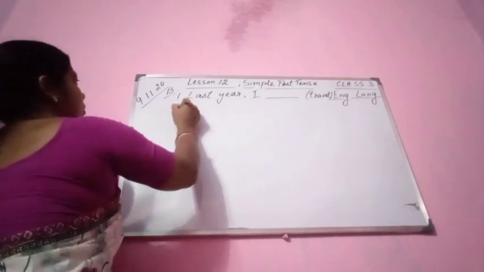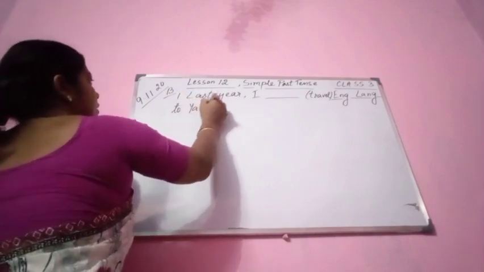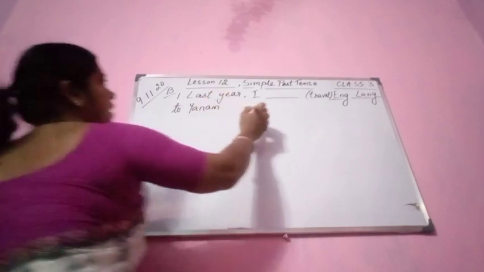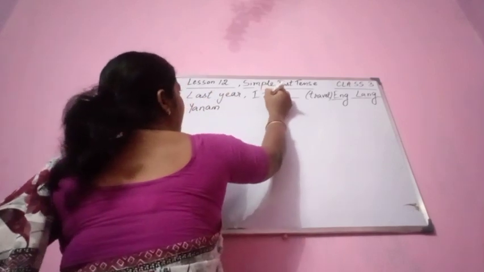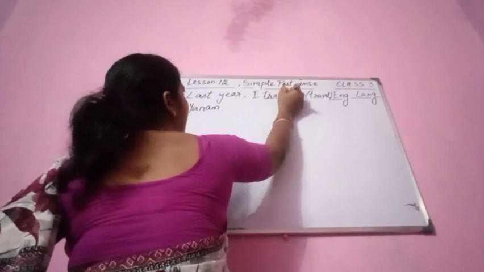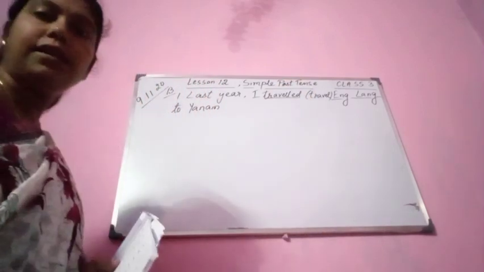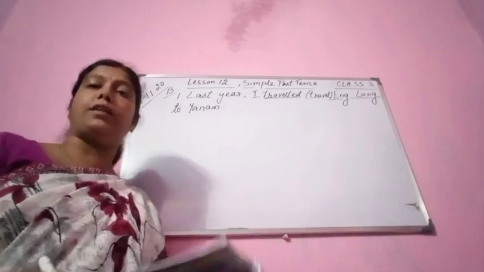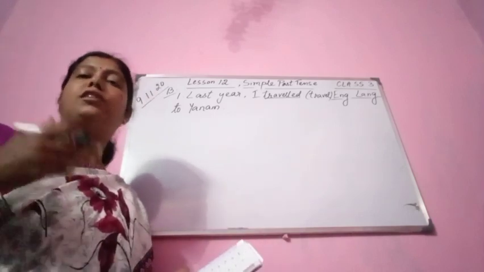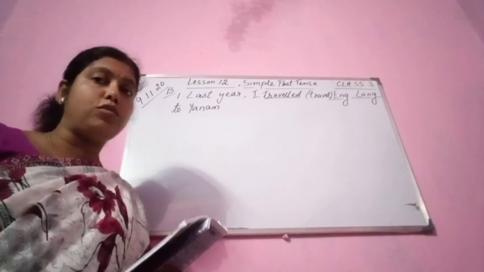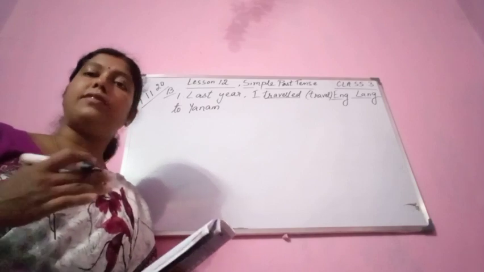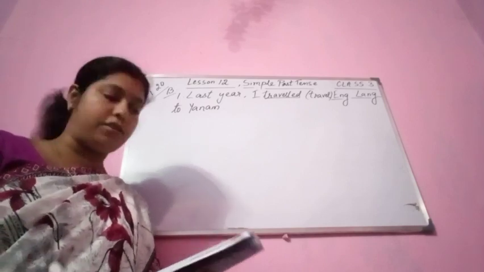This is the base form. So last year I travelled. Last year I travelled to Yanam. When you are changing it into past tense, you are going to add ed here. Travel plus ed, travelled.